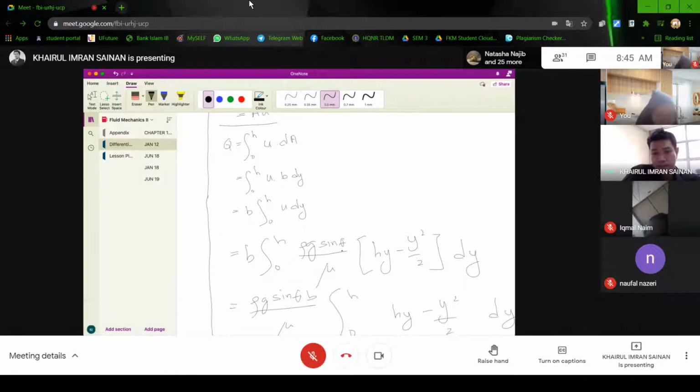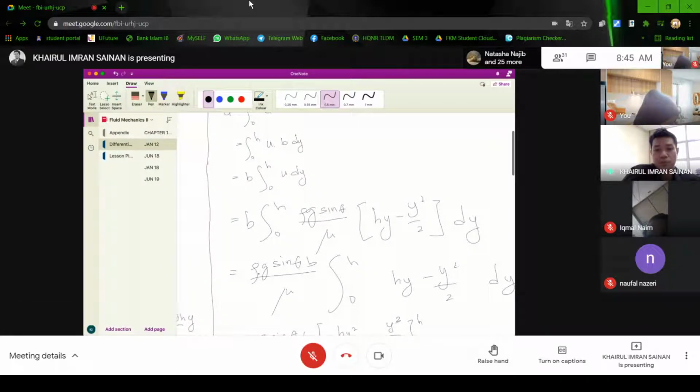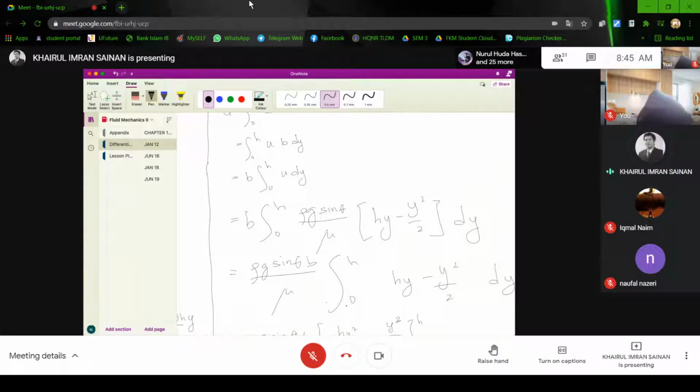This term we can take out as well, so it becomes rho g sine theta B divided by mu. The one that we later integrate is only this term, hy minus y squared divided by 2, because it has y in the equation.